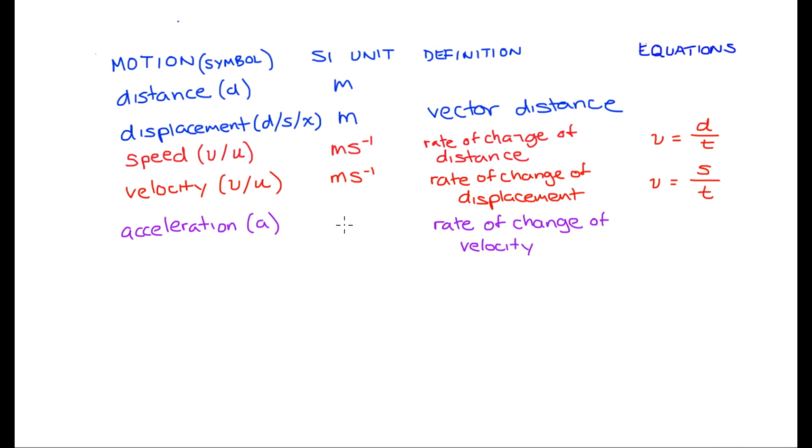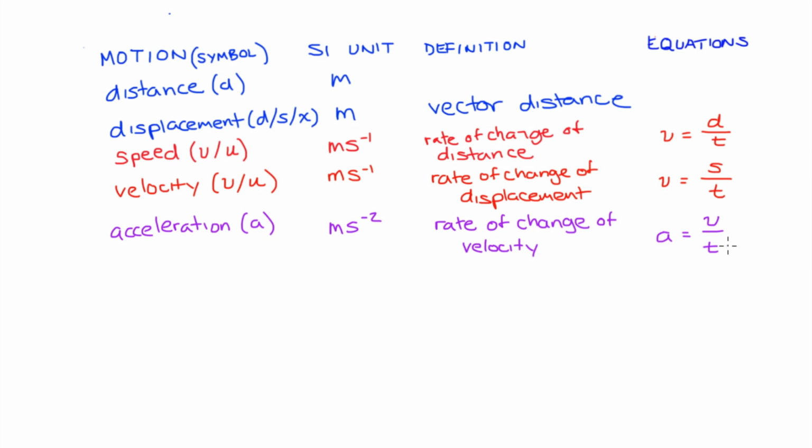So this is given in meters per second squared. And so the equation that we have for this one is acceleration equals velocity over time. So there you have it. Now you should be able to accurately describe how an apple falls, or even how the Earth moves around the sun.